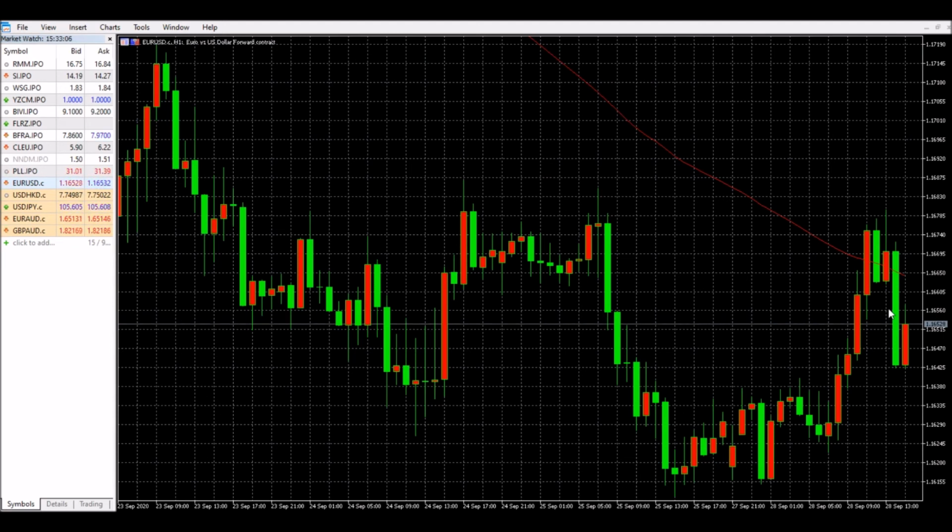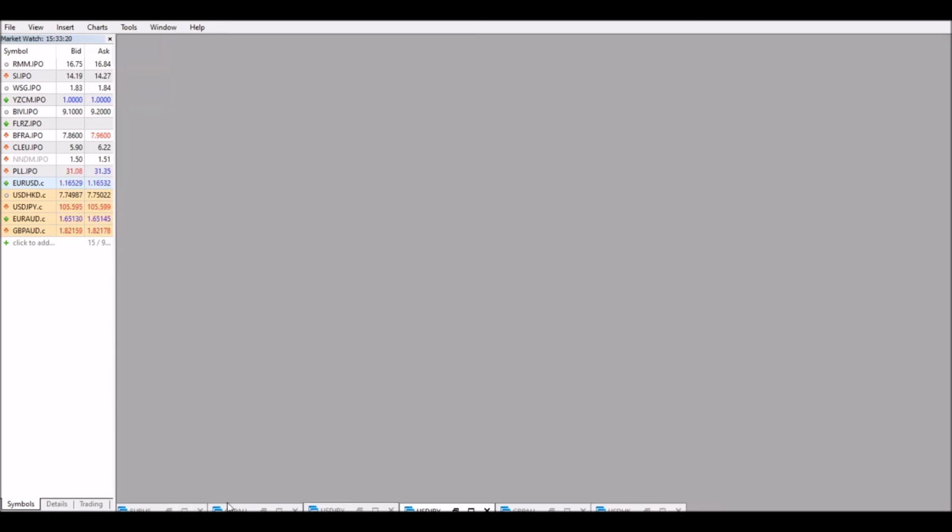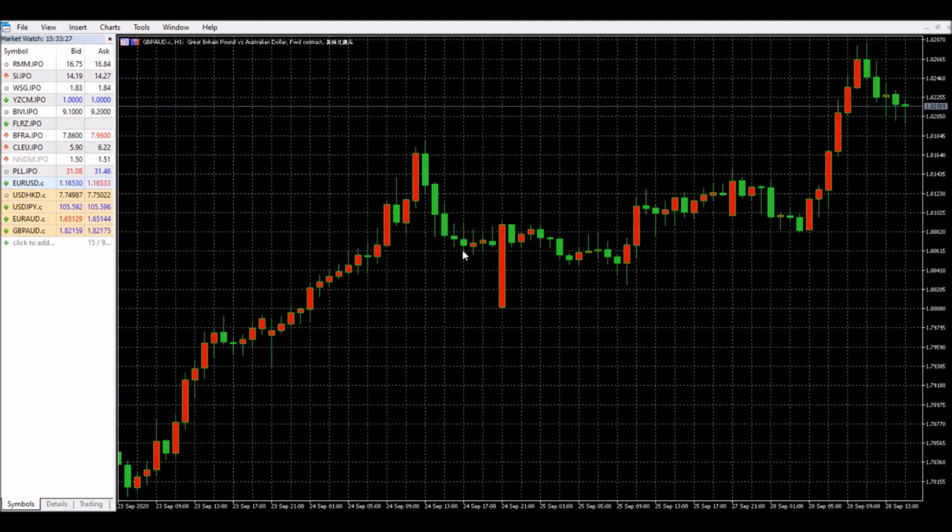So guys, take note, if it's below, you look at shorting the market, and if it's above, you look for opportunities to buy. So let's check other examples using the 200 moving average. All right, let's try this.